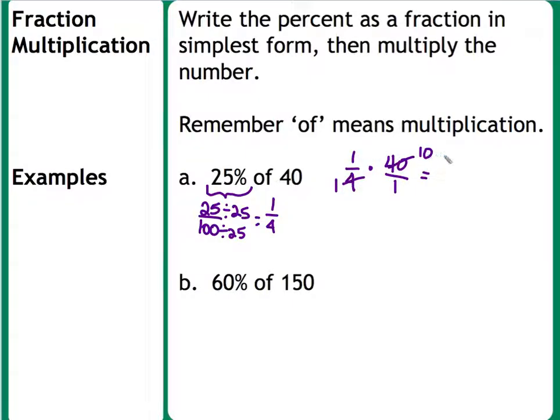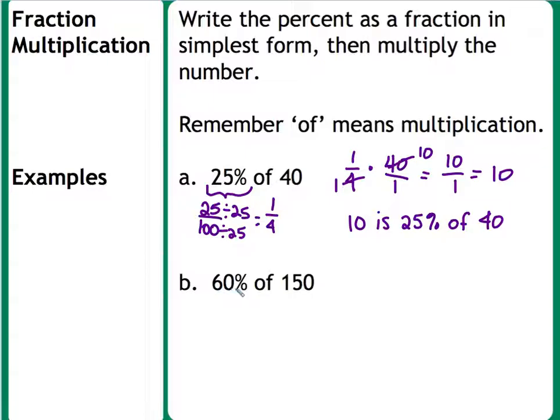And what we end up is 1 times 10 is 10, 1 times 1 is 1, and 10 over 1 is 10. So let's write this as a sentence. So now we know that 10 is 25% of 40. And that would be our answer for that one.